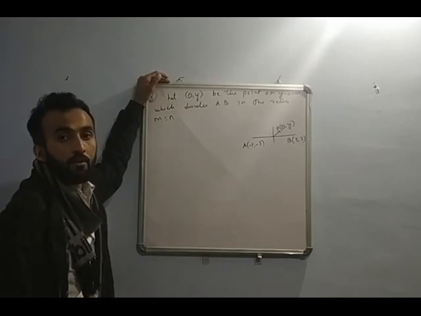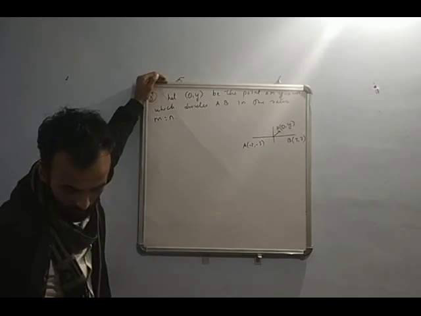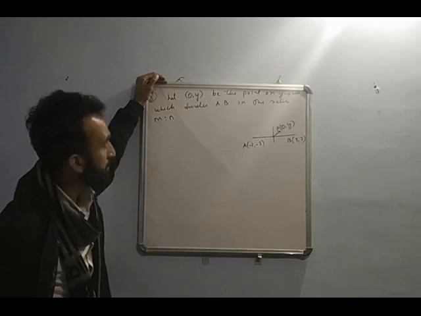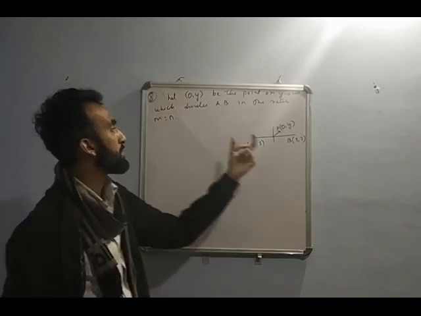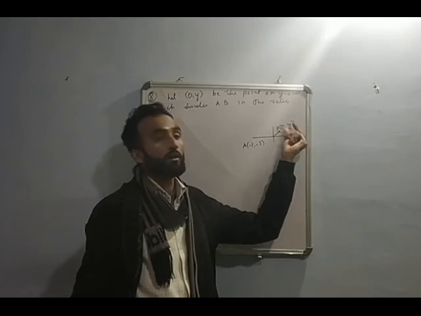This is the question number 8 solution. Our question is to find the ratio, and also to find the coordinates of the point of division. Coordinates of the point of division means this only, (0, y). So we have to find the y value.